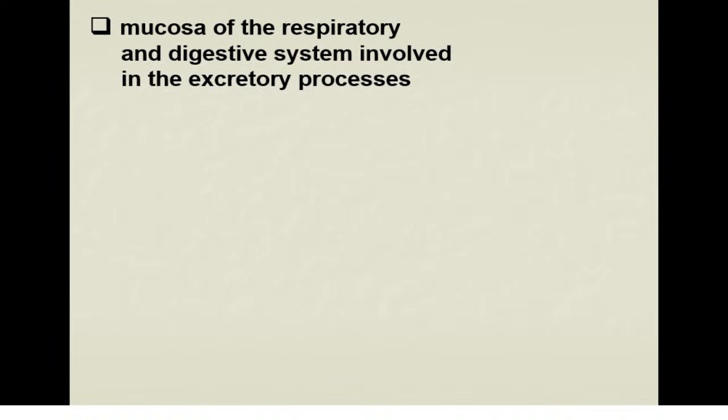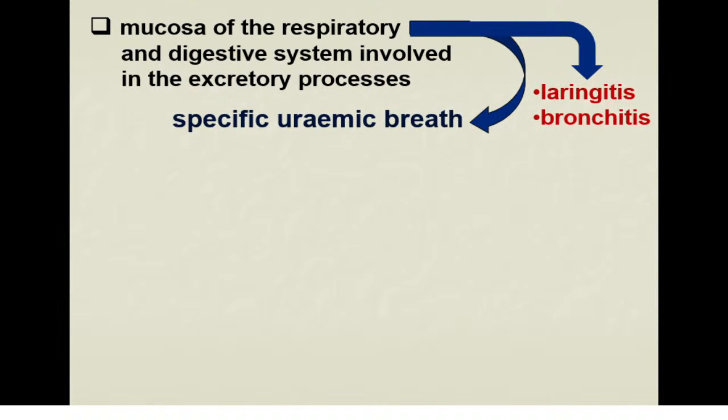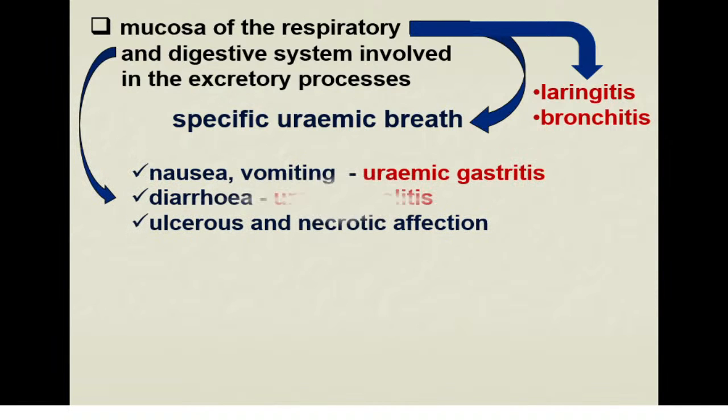I said that except for the skin, urea will be removed through the mucosa of the respiratory and digestive systems. As a result, the mucosa becomes dry. From the patient there will be a specific uremic breath, and the respiratory system is predisposed to secondary inflammation. Patients get sick with laryngitis, bronchitis, then pneumonia and other problems.